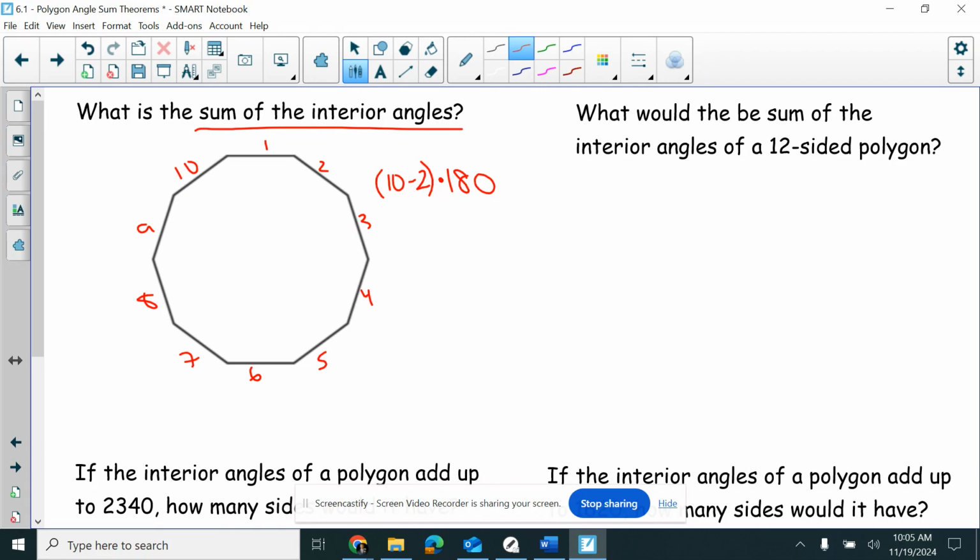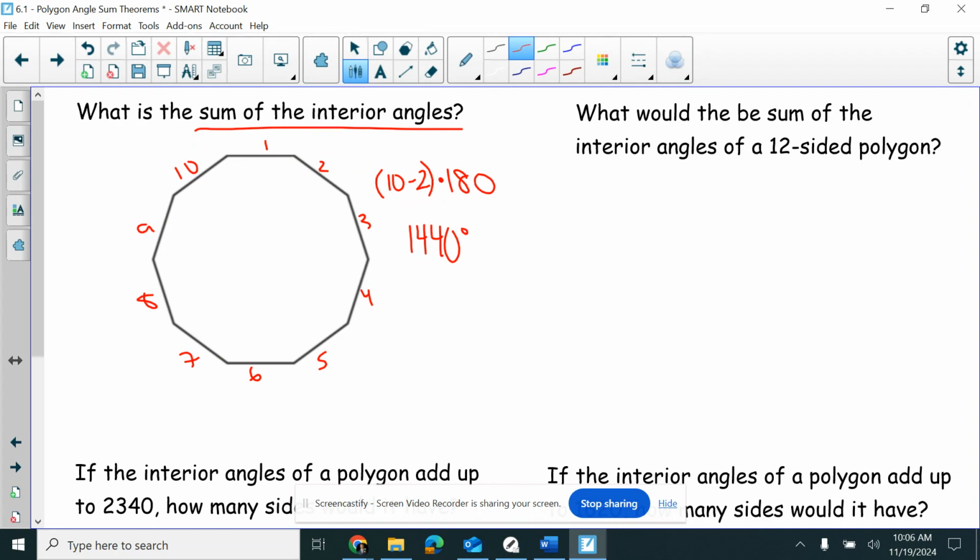I know that 10 minus 2 is 8, so I'm just going to type in 8 times 180 to get my answer. That equals 1440. So all of those angles would add up to 1,440 degrees.